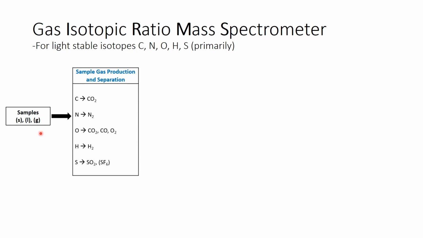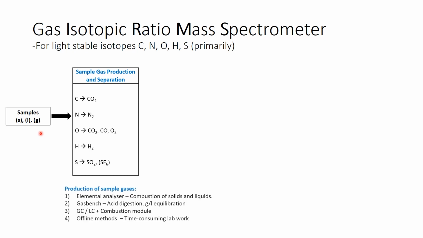You can see what sample gases can be accepted by the instrument here. In the past, it was common to do this conversion manually in the lab, but now it's more common to automate this process. We then use peripherals connected to the mass spectrometer. For example, carbon in a sample can be converted into CO2 by combustion in an elemental analyzer or by acid digestion in a gas bench.